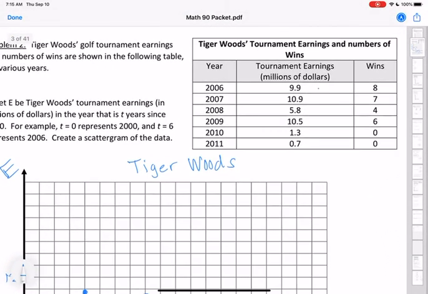So his greatest, this is where that 3rd column is coming into play. So he made, look at this, he made 10.9 here, but was that the greatest number of wins? It was not, because he actually made more here. So he had more wins here, but made less money. Okay, so it's not corresponding that the number of earnings are based on the number of wins.